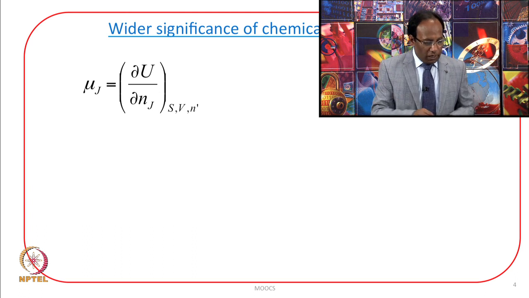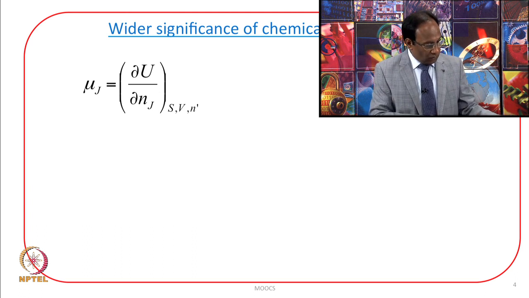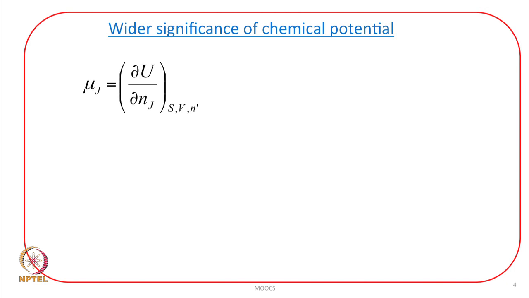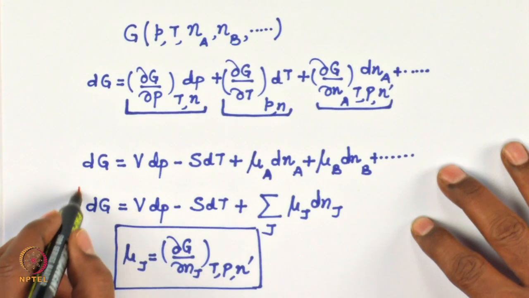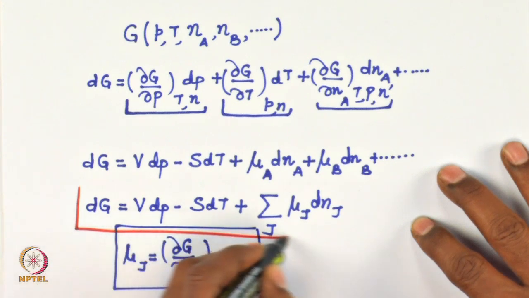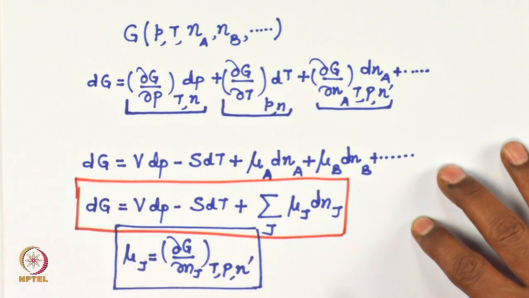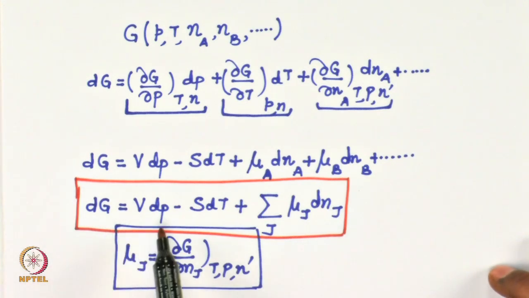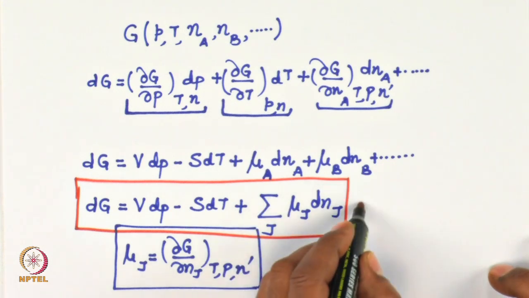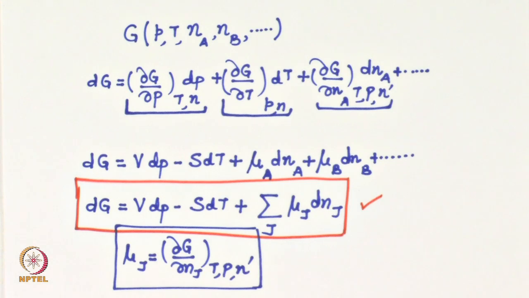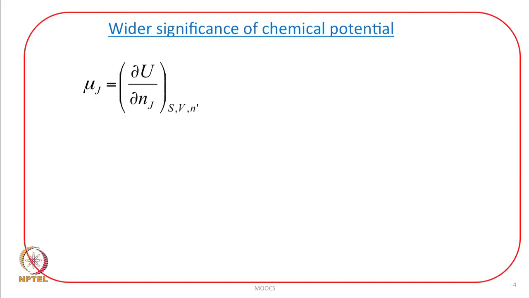It is very easy to derive that, but before doing that, let us keep this equation in mind, because I will be using this equation again and again. dG is equal to Vdp minus SdT plus summation j mu j dnj. This equation I will be using.